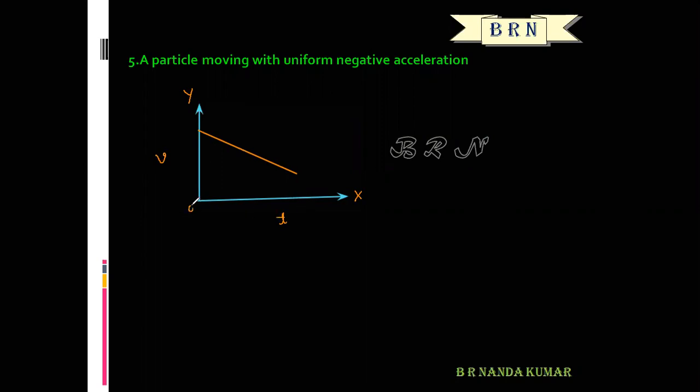Okay, so this is the origin. So here the velocity of the particle changes by equal amounts in equal intervals of time, but it is gradually decreasing. So this is uniform negative acceleration.